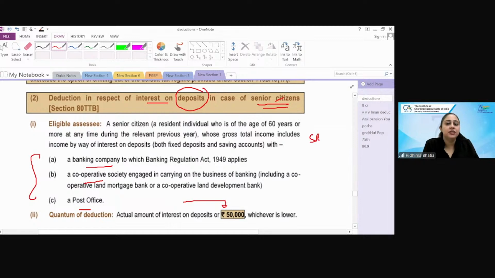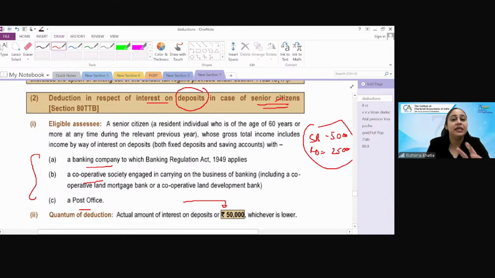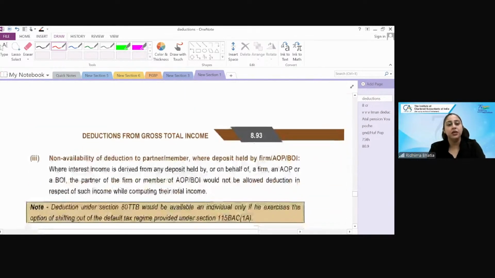Suppose my saving bank interest is 5,000, my FD interest is 25,000. So I will get a deduction of 30,000 only. Suppose, and I should be a senior citizen. But if the same situation comes for an individual who is not a senior citizen, then the maximum deduction would be allowed in 80TTA. Both TTA and TTB cannot be applied in a person's return, that he is claiming TTA and also claiming TTB.